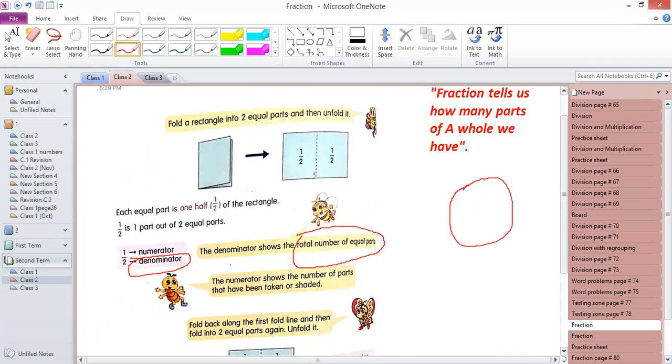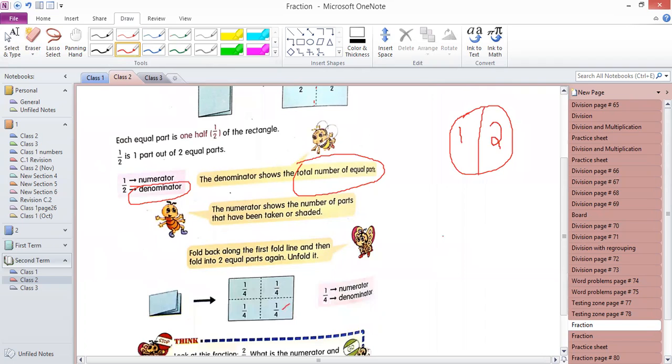If you divide the circle into two parts, this part is 1/2 and this part is also 1/2. If you divide a circle into two equal parts, the denominator will be 2 because there are two parts, 1 and 2.